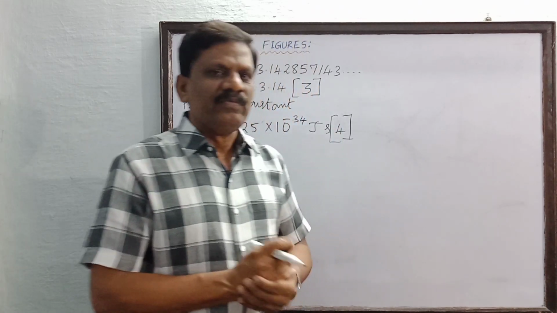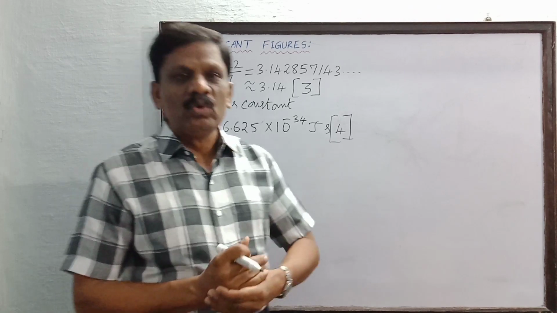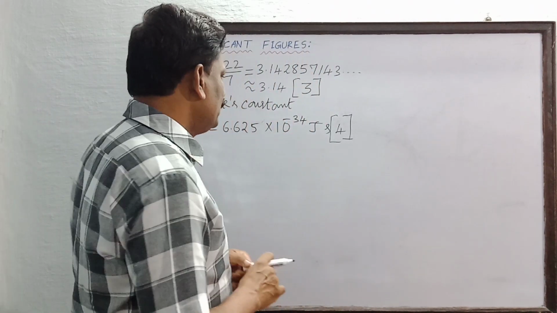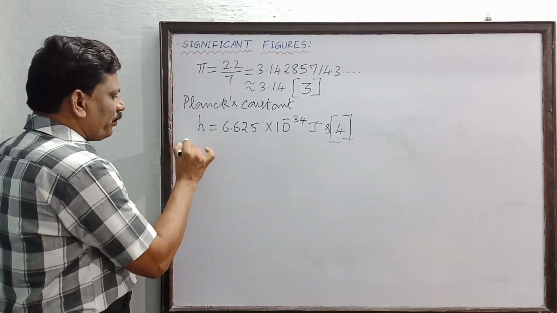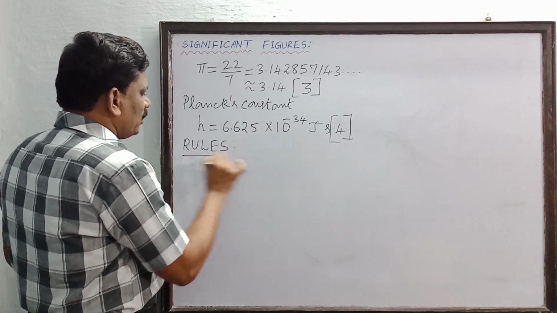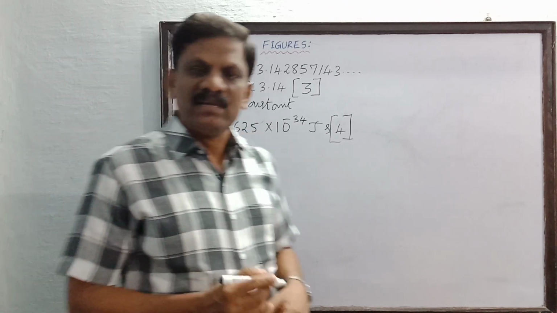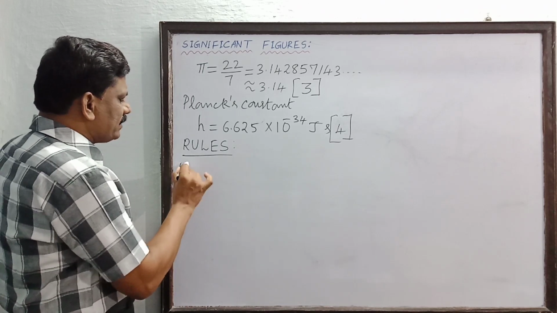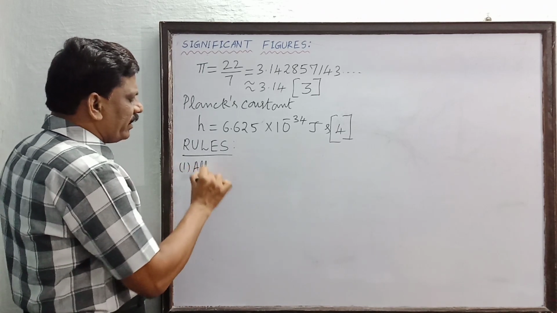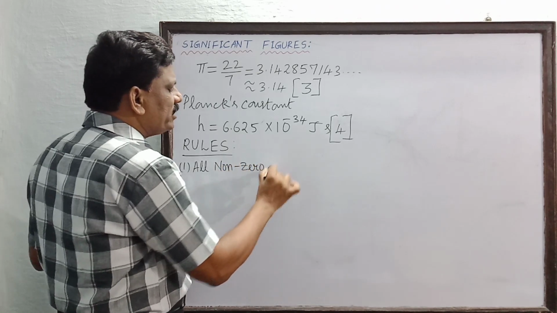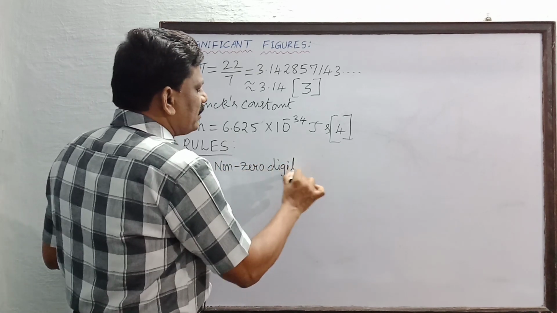Okay, now we are going to discuss some rules to find the number of significant figures. So what are the rules? There are some rules to be followed to find the number of significant figures in a number. The first rule is: all the non-zero digits are significant.